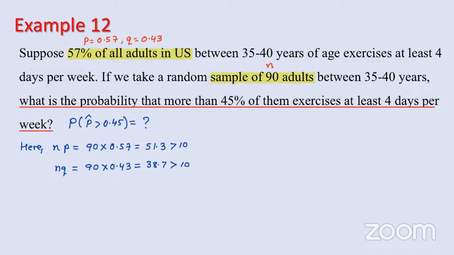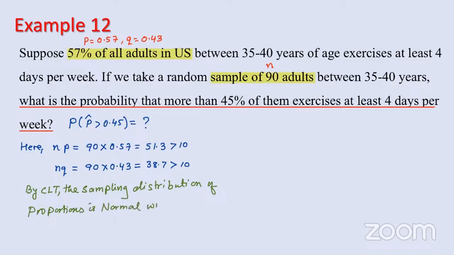So we can write, by central limit theorem, the sampling distribution of proportions is normal. And if it is normal, we need to know the mean of the proportion and the standard deviation of the proportion.